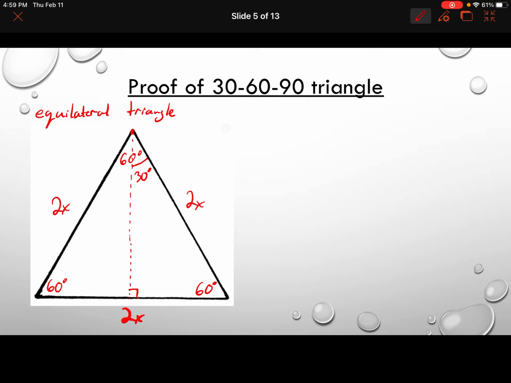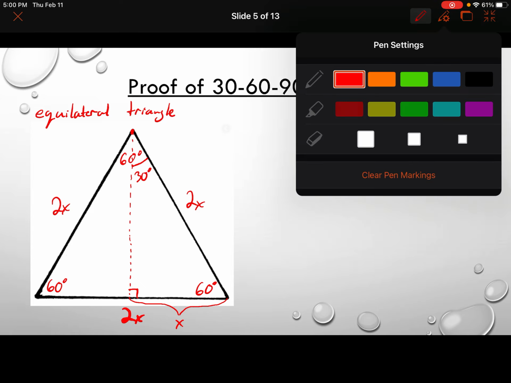Not only does this vertical line that I just drew bisect that angle into two equal halves, it also bisects this bottom side as well. So since it cuts 2x in half, that bottom side is just x.